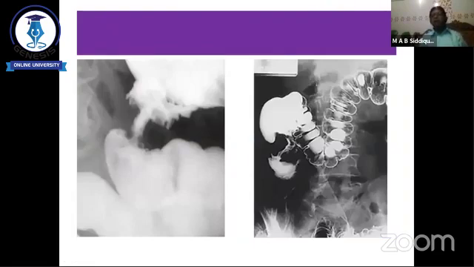This is another X-ray. I'll show you that. There is a narrowing of the lumen with shouldering effect on both sides and irregular narrowing. This is a typical feature of the apple core appearance.